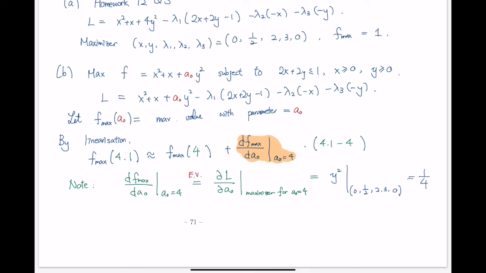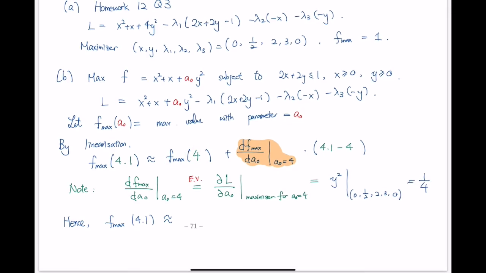Hence, f max at 4.1 is approximately equal to, what is the maximum value when the parameter is 4? Well, when the parameter is 4, the maximum value is 1. So this is 1, f max when the parameter is 4.